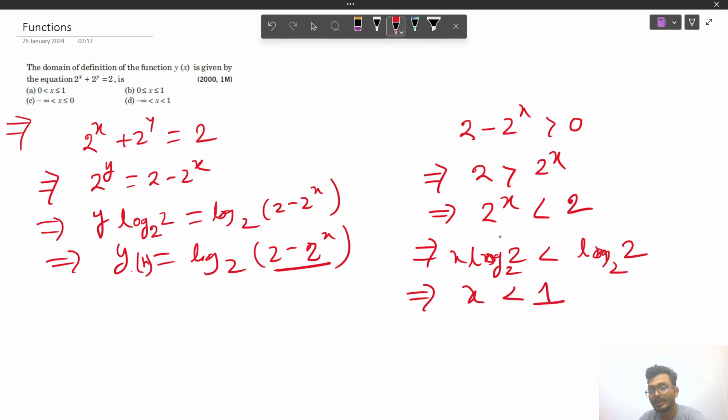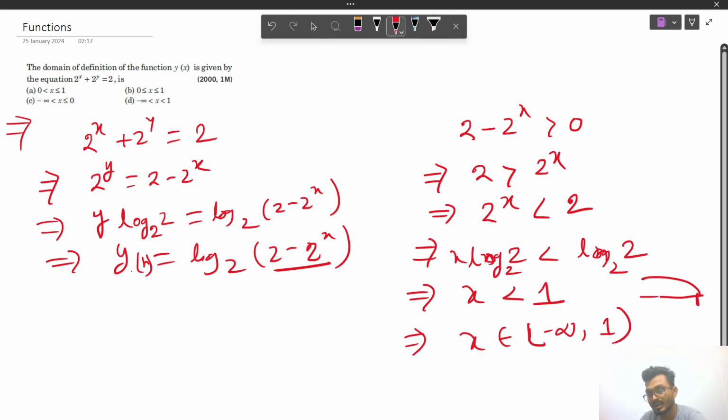We can take log here because log is an increasing function, so the inequality does not change. And log 2 base 2, we know, is 1. So x belongs to (minus infinity, 1). If this is 1, then all the region to its left will be the domain. So what is our answer? This D will be our correct option.